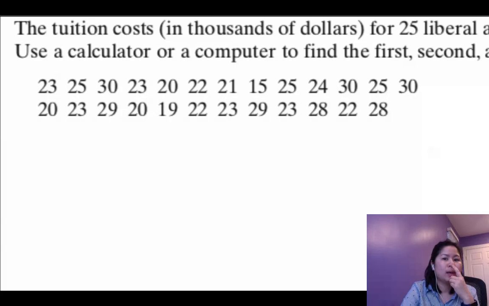I already have the list entered, so I already have it done. I'm going to ask you to do it on your own. Please type in all the values. We're at 25. So stat, option 1, is exactly the same thing as you would do when you calculate standard deviation. Go ahead and do that. Enter it in the first column, like what I have.